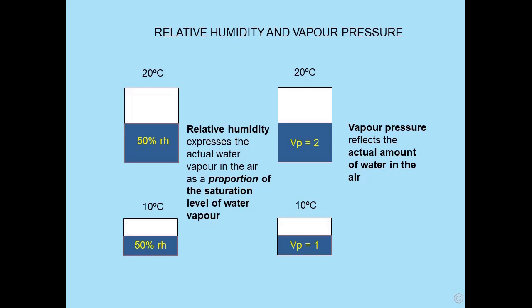In other words, we look at the diagram again. We're just using arbitrary units. At 20 degrees, we have 2 units vapour pressure, and at 10 degrees, 1 unit vapour pressure. Indeed, if we increase the size of our bucket in the top diagram to 10 times the size, and put that amount of water into this much larger bucket, there will still only be 2 units of water.